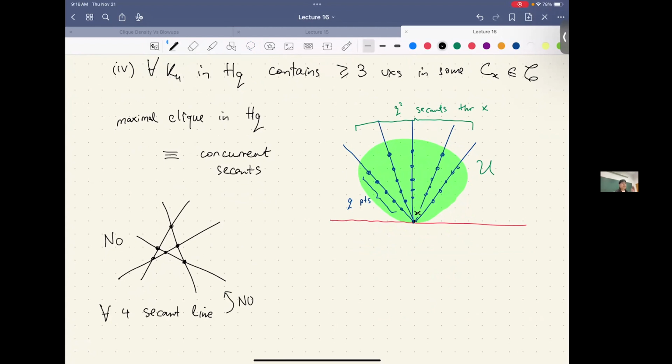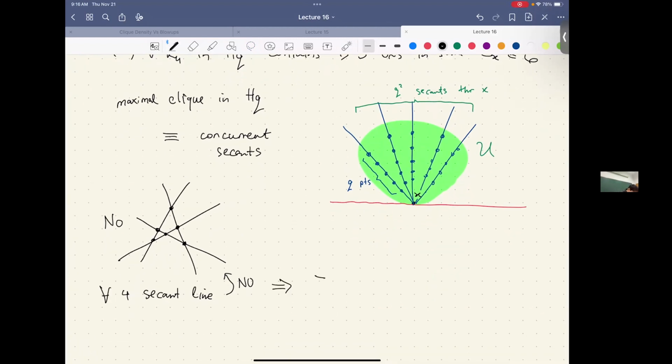That means there must exist at least 3 of them sharing one common point. There must exist 3 concurrent lines among all 4 secant lines. This implies there exist at least 3 concurrent secant lines.